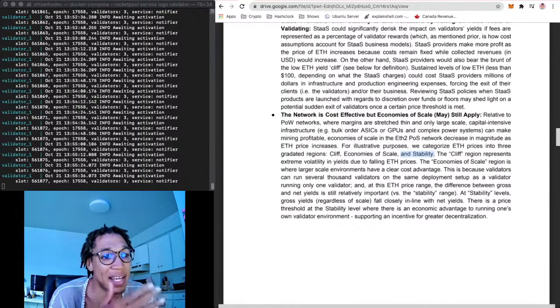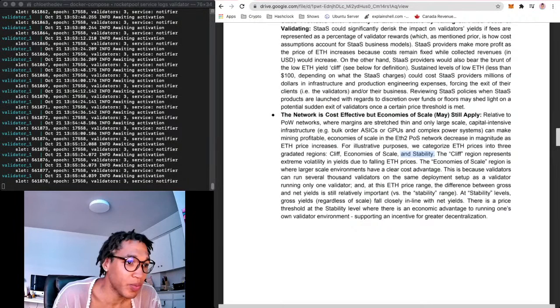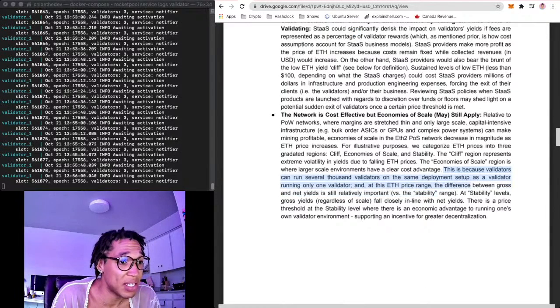Even right now, I'd say we're at the economies of scale section, and stability is, hopefully, with ETH in the $500 to $1,000 range, where potentially having 1-2 validators might make sense at home. This is because operators can run several thousand validators in the same deployment setup as one running only one, and at this ETH price, the difference between gross and net yield is still relatively important versus the stability range.